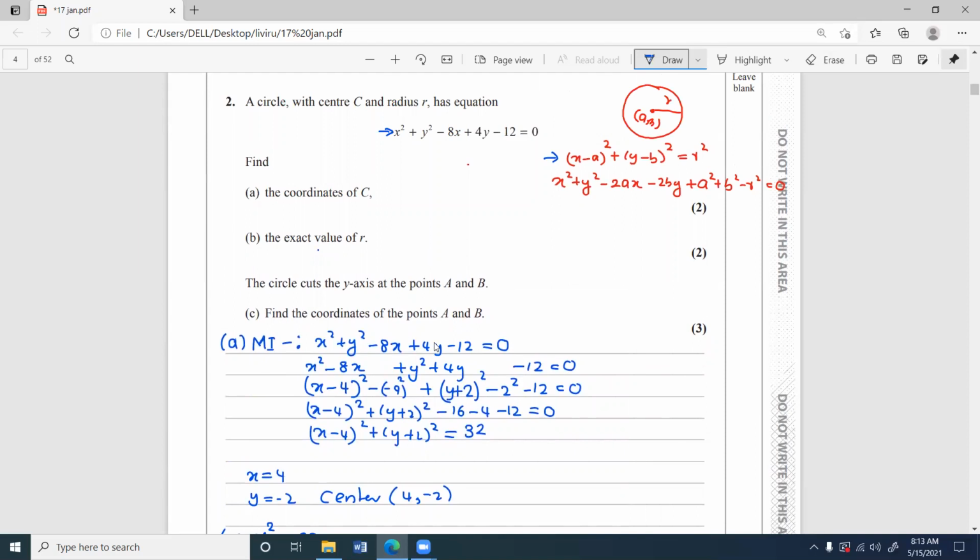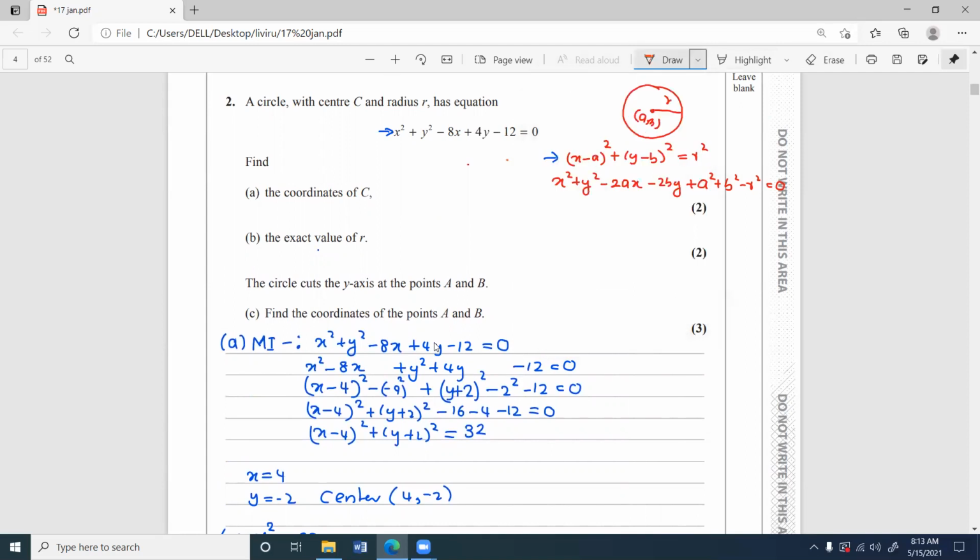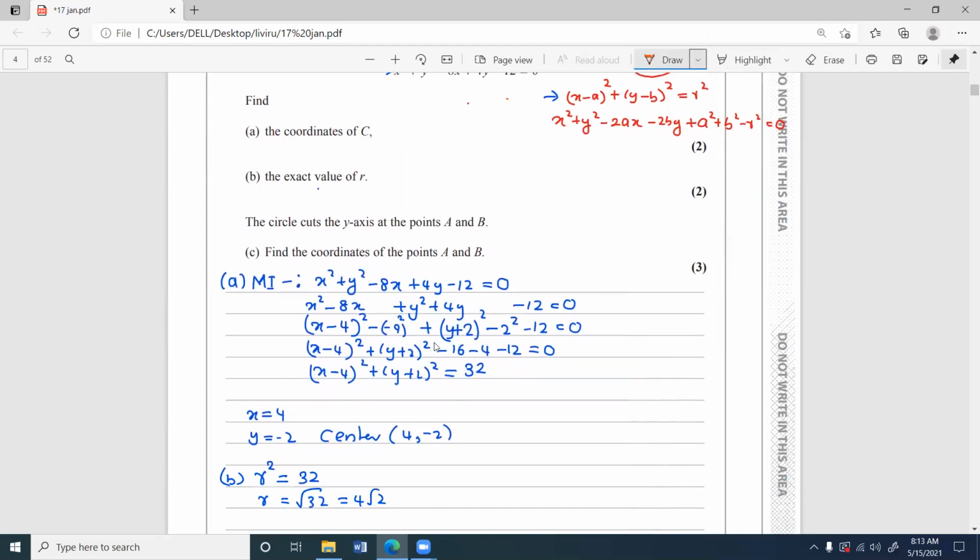Now the second method is not as long as this, but if you're familiar with this equation, you can write it directly. For the second method, I'm just writing with a different color. Method 2. Initially, write this equation of the circle: x squared plus y squared minus 2ax minus 2by plus a squared plus b squared minus r squared.